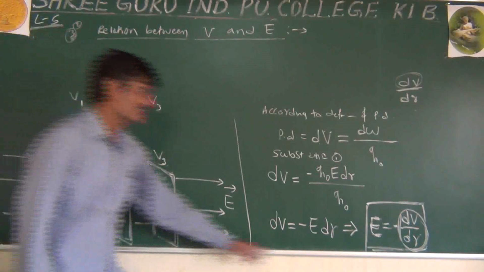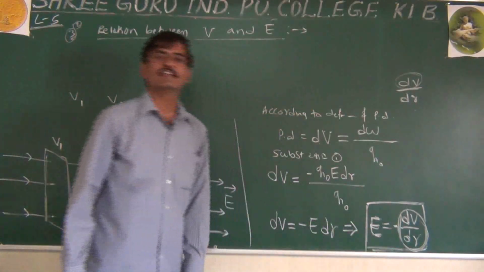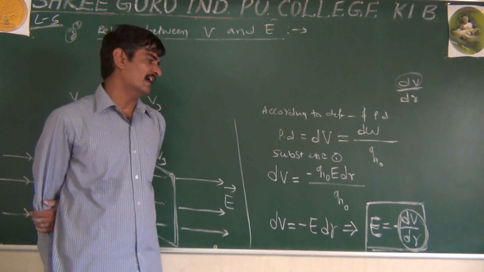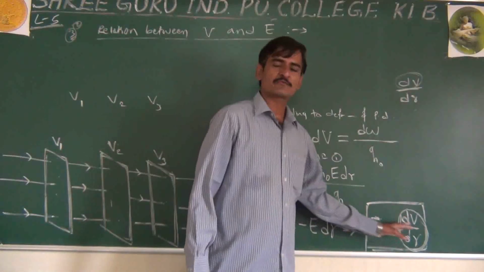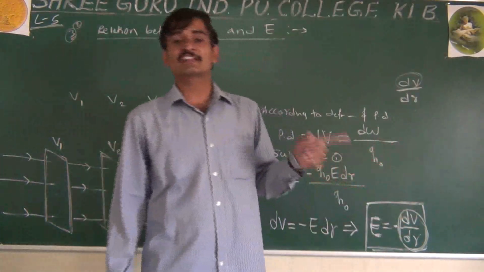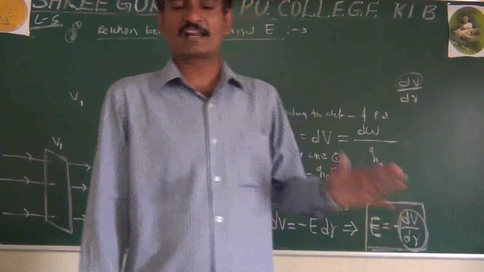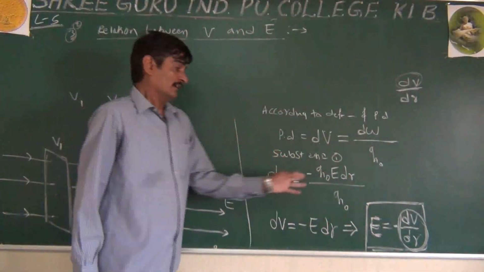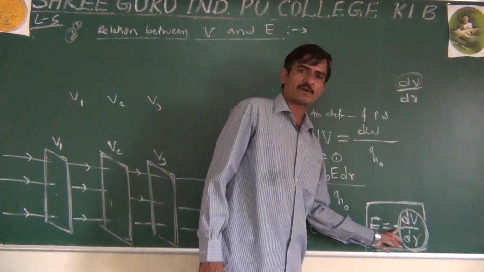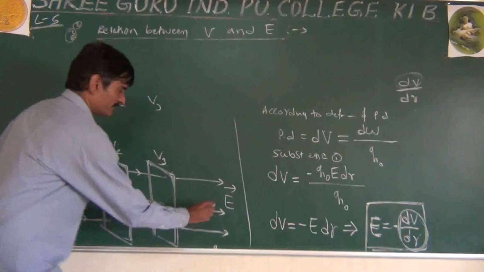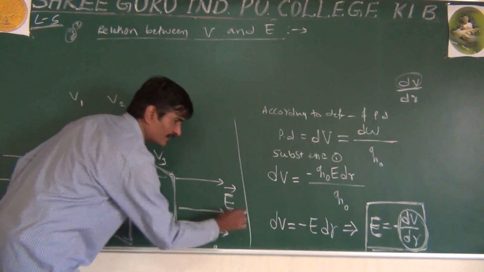Just now I told that the negative sign indicates that the direction of electric field intensity is in the direction of decreasing potential. That is what this negative sign indicates. So this is the direction of electric field intensity.